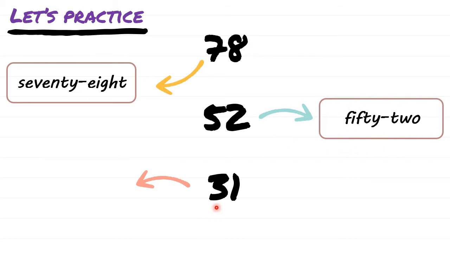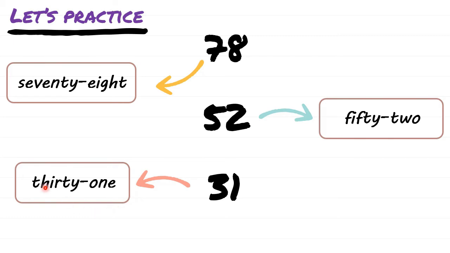And the third example is 31. This is how we spell 31. The first one is 30 and the second number is 1. So it becomes 31.